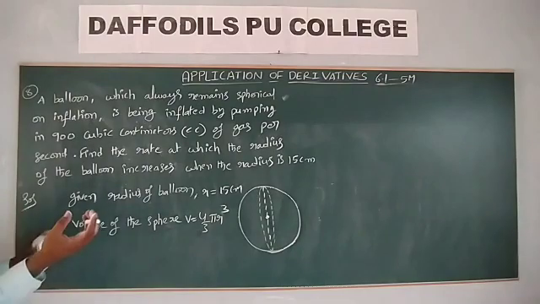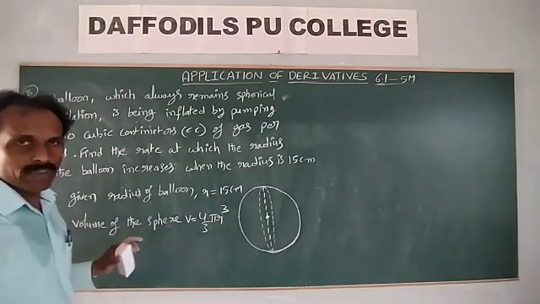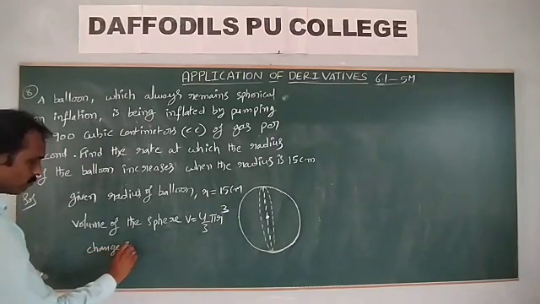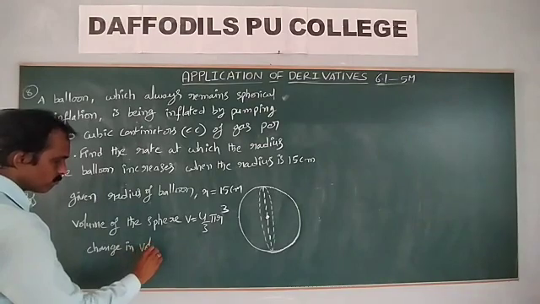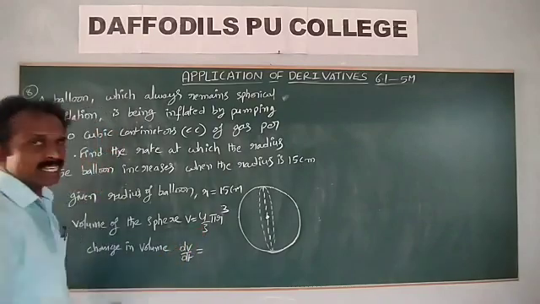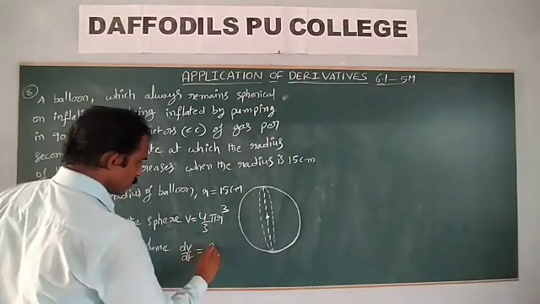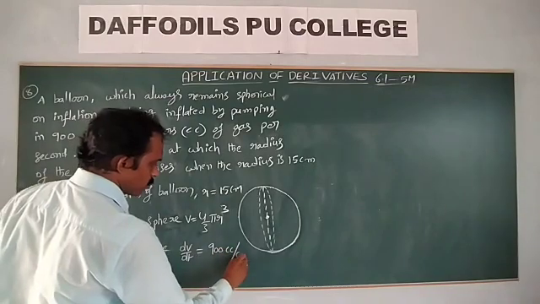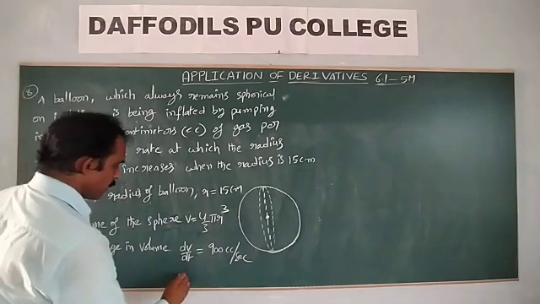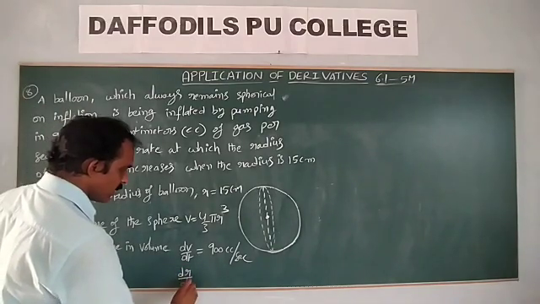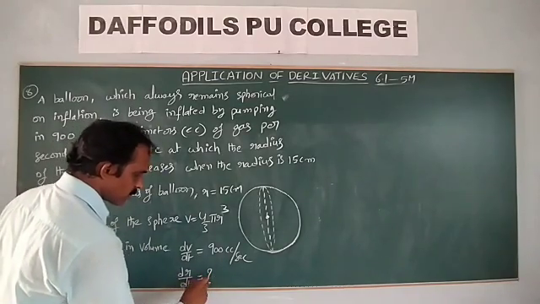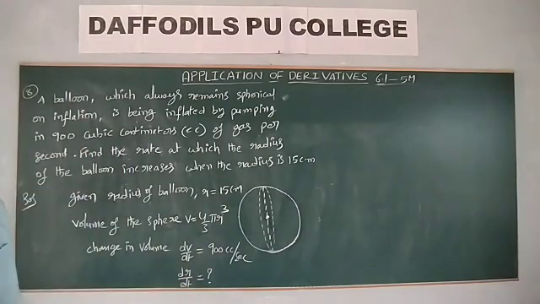Inflated by pumping means the volume changes. Given change in volume dV by dt is 900 cc per second. What you find is the change in radius, dr by dt. This is the question mark. Find dr by dt.